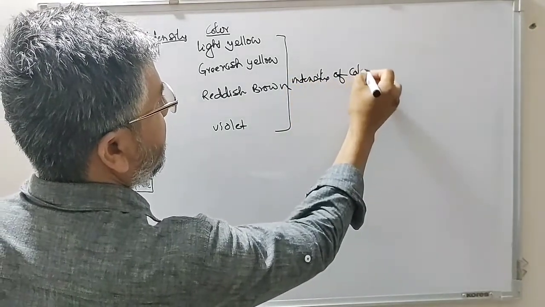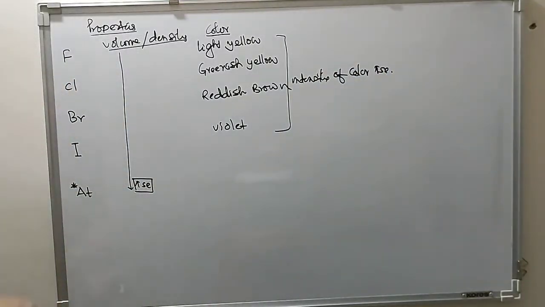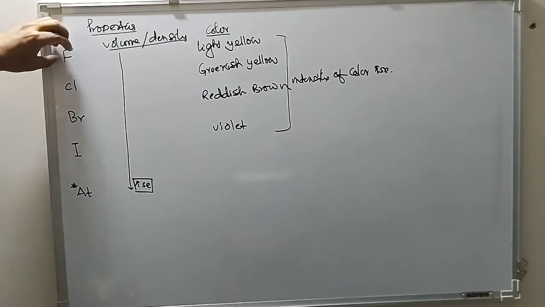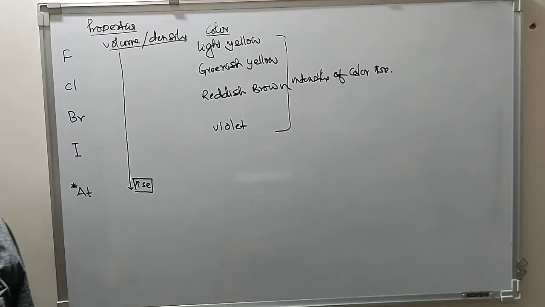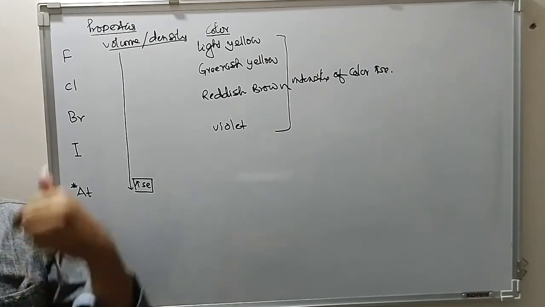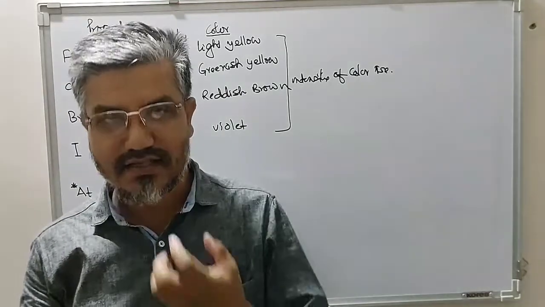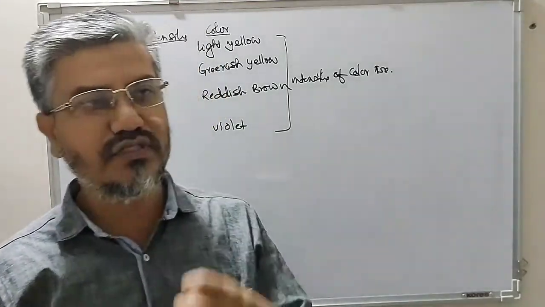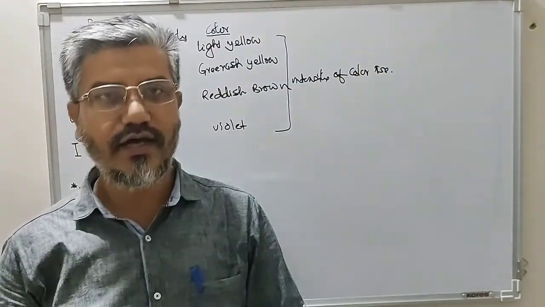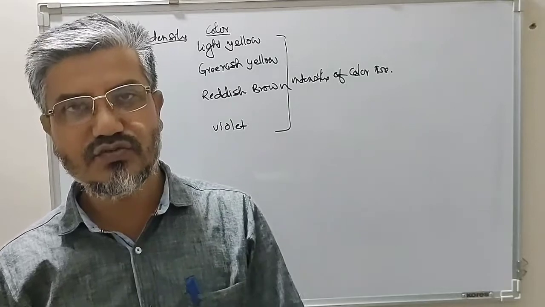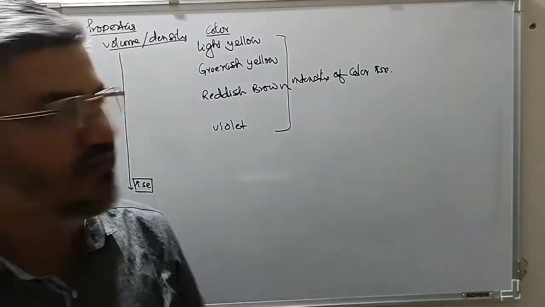That means fluorine being the smallest in size, the attractive force between the valence shell and the nucleus must be the highest. As the attractive force is more, so these electrons to excite will require higher energy. If more energy is required, it means shorter wavelength should be absorbed.